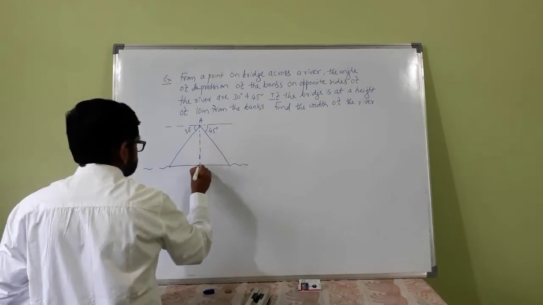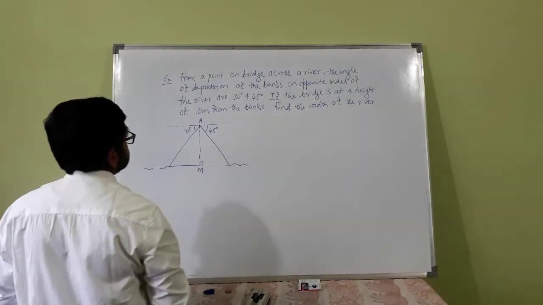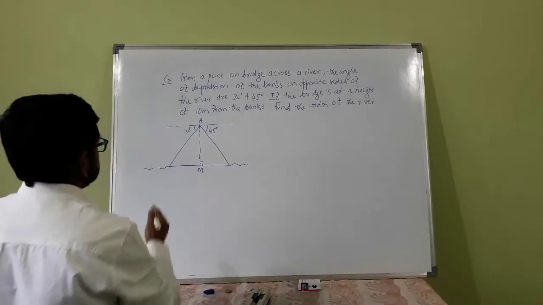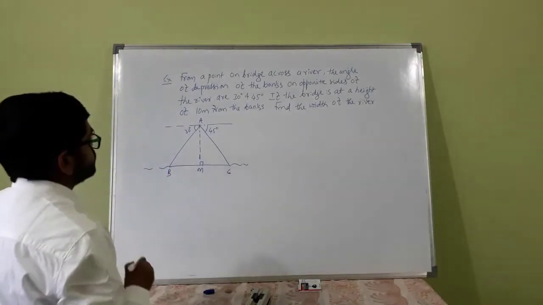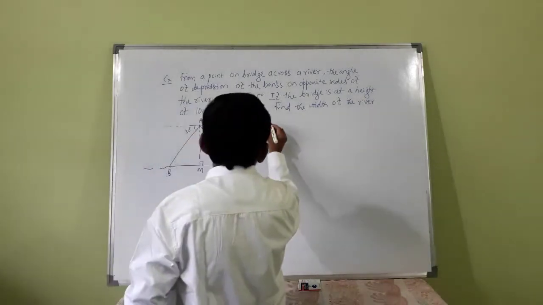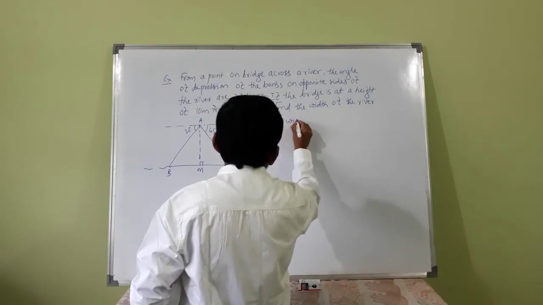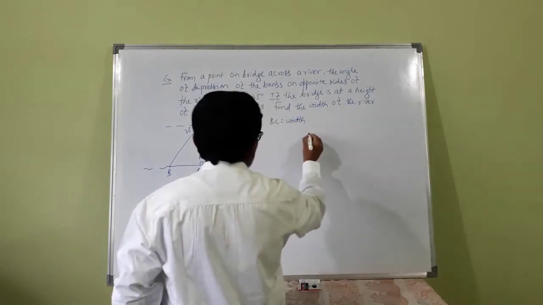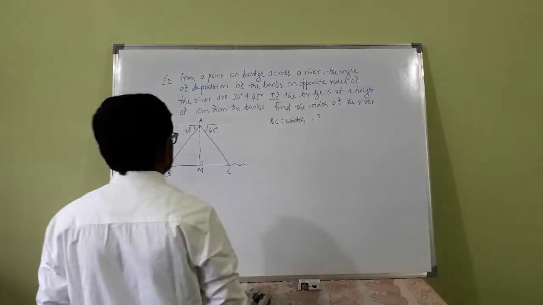Suppose this is M, let us call it M. This is BC. Okay, AM is drawn perpendicular to BC. BC is the width. That is what you have to find.